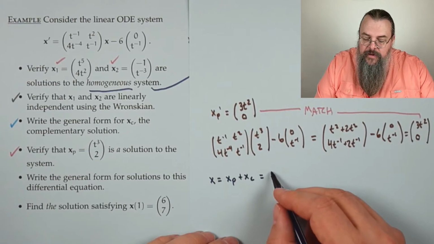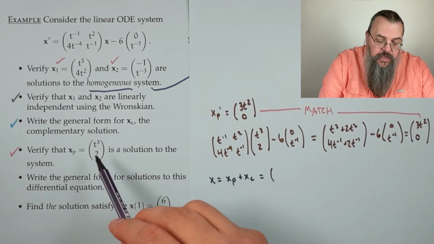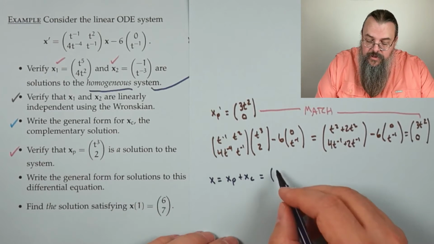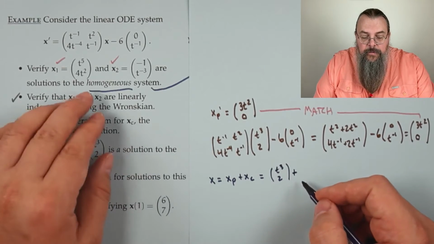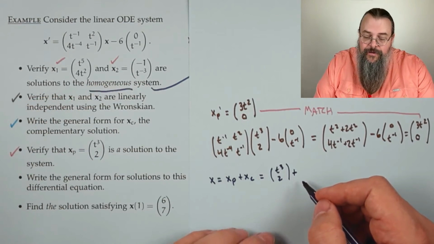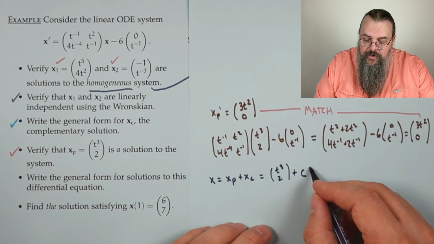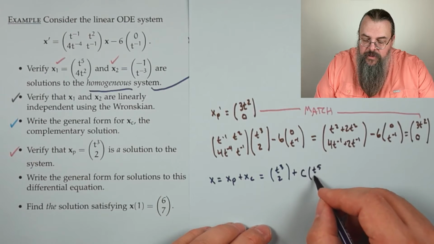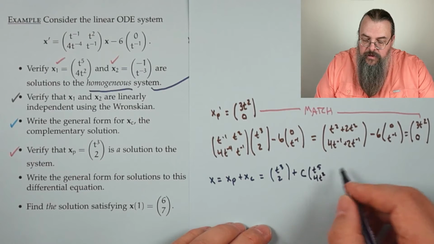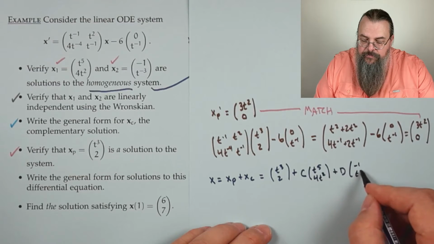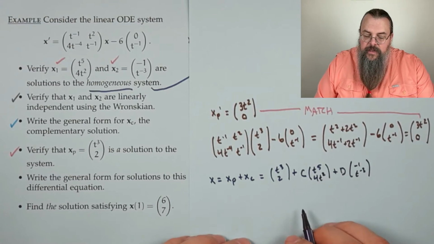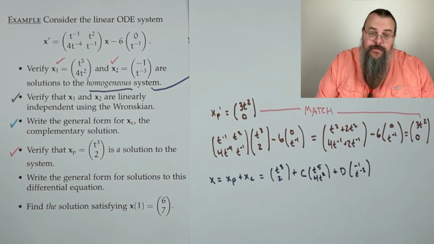So that looks like our xp, t cubed 2, and then our xc, remember it was combinations of x1, x2. So it's some constant, x1, and plus some constant, x2. All right, and there's our general form.